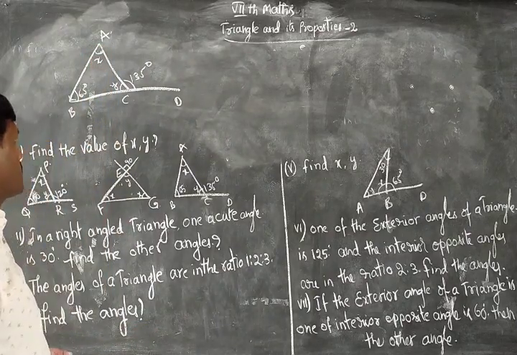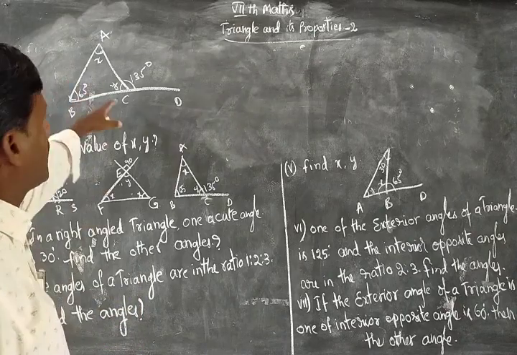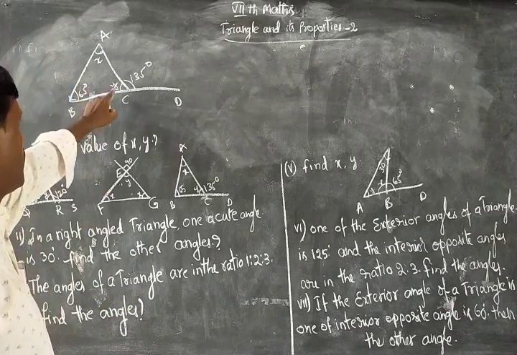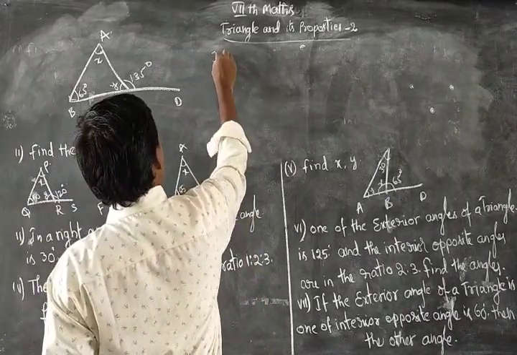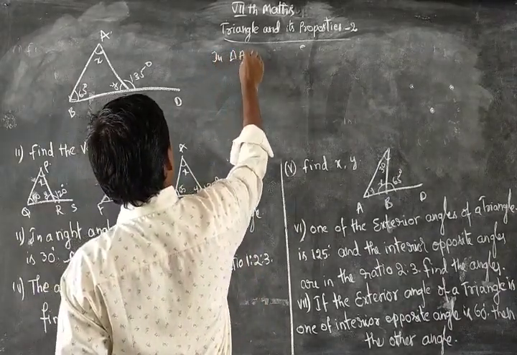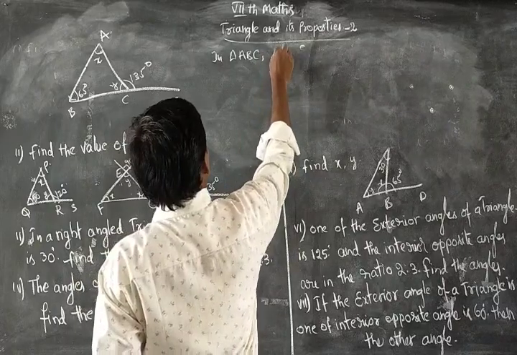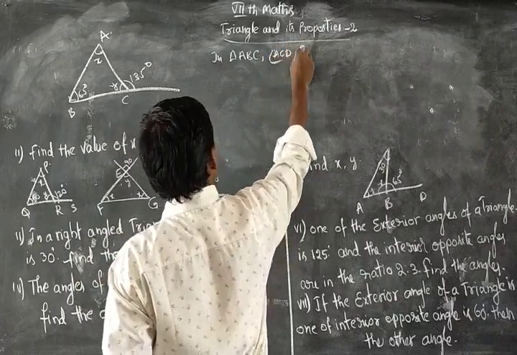We already did this kind of problem, y plus 135. First, in triangle ABC, angle ACD is an exterior angle.